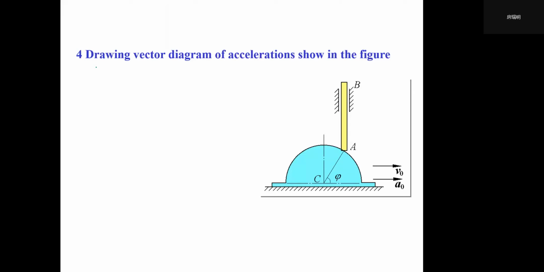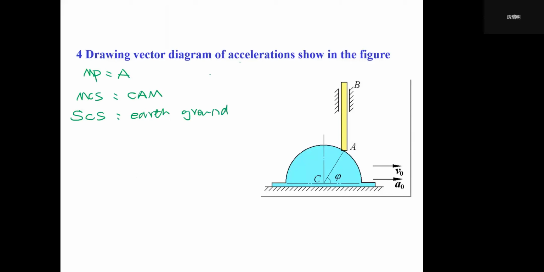This time we are going to draw a vector diagram of acceleration shown in this figure. Once again, we should remember that our moving point is A, right? Our MCS is attached on the cam, so our stationary coordinate system will always be the Earth.